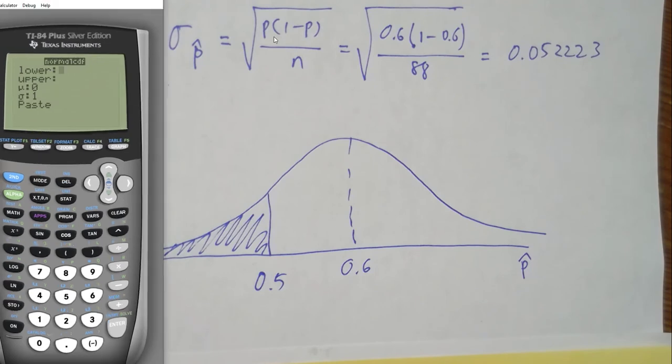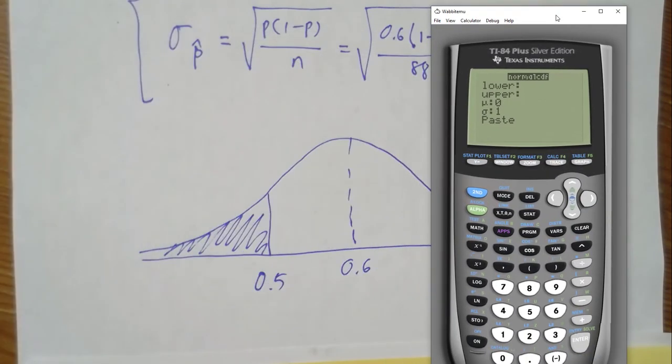In this case, we are looking for this interval, this area. The lower bound is all the way to the left. It's a very small value to the left side, or negative infinity, and you can put something like negative 999999, six 9s.